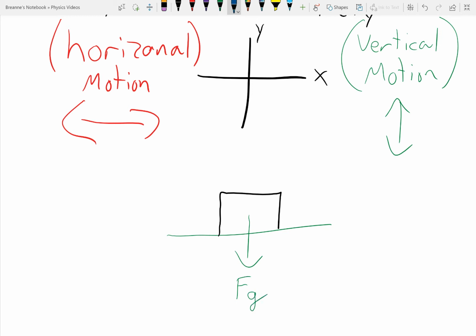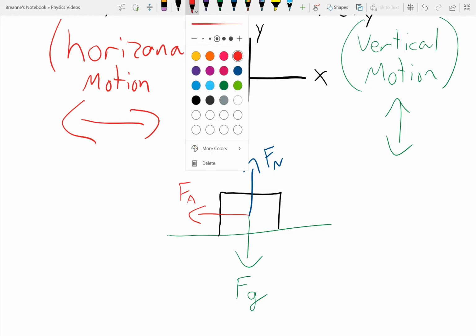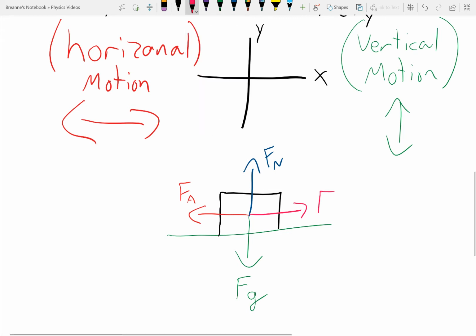And since we're on a flat surface, our normal force points up. Let's say we have a force applied, being pulled in that direction, and we can't forget about our force of friction. So we have force of friction this way.